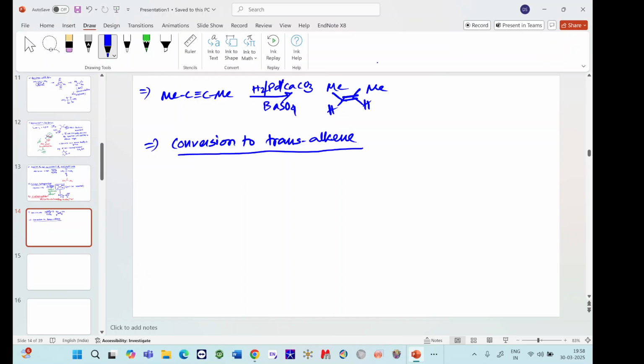How can you do it? So you use sodium, liquid ammonia, and this is done at very low temperature actually. So you use 2 equivalents of ammonia, 2 equivalents of NH3.